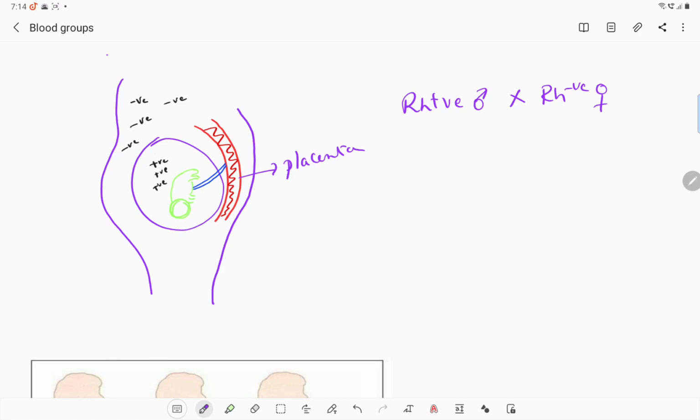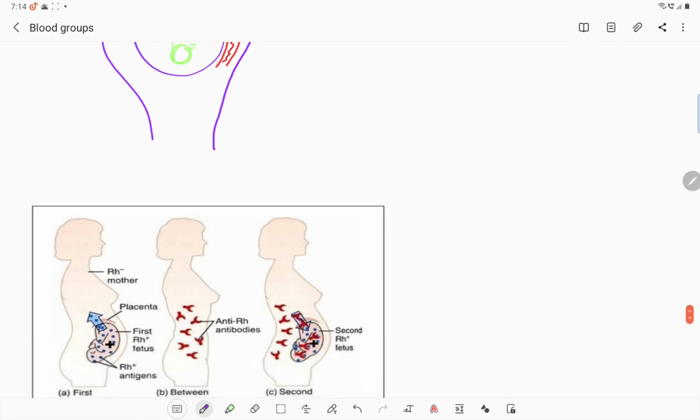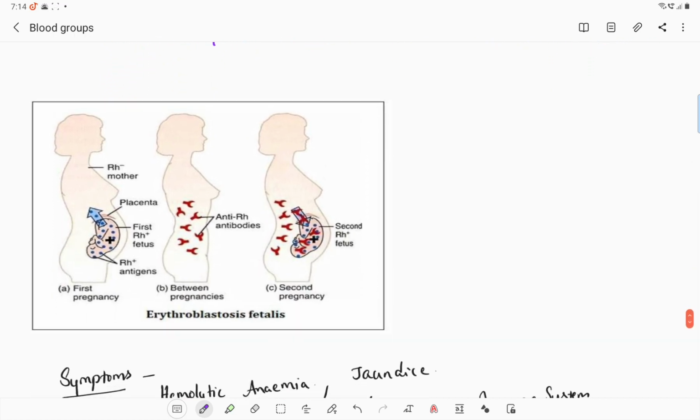So at the time of delivery, the fetus ruptures the placenta. Okay, during delivery, the fetus is rupturing the placenta, and then immediately the fetal blood gets mixed up with the mother's blood.